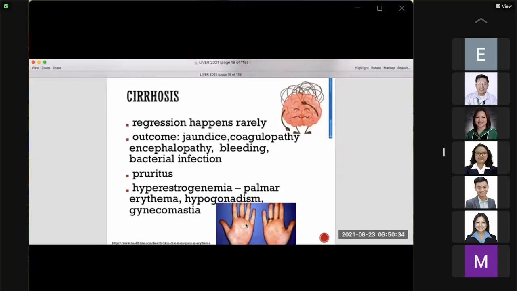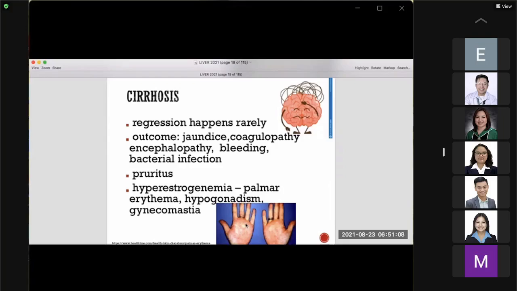Because, as we have mentioned earlier, the liver is a primary source of proteins, and antibodies are in the form of proteins. The patient will be manifesting with pruritus because of the bilirubin; the breakdown of red blood cells, or the buildup of bilirubin, can lead to pruritus as seen in the patient.